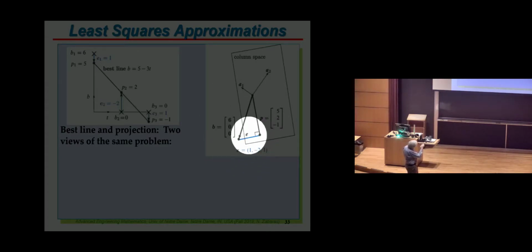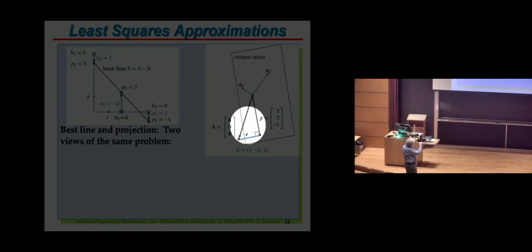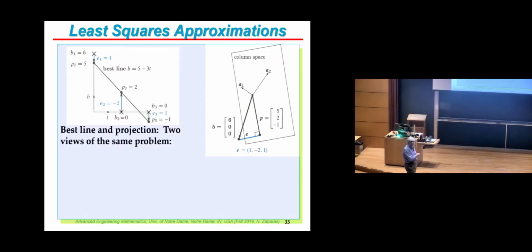And you can see here the error that is committed is orthogonal to the column space. So effectively, if we call the error e, from this triangle there, e is b minus p. We agree?